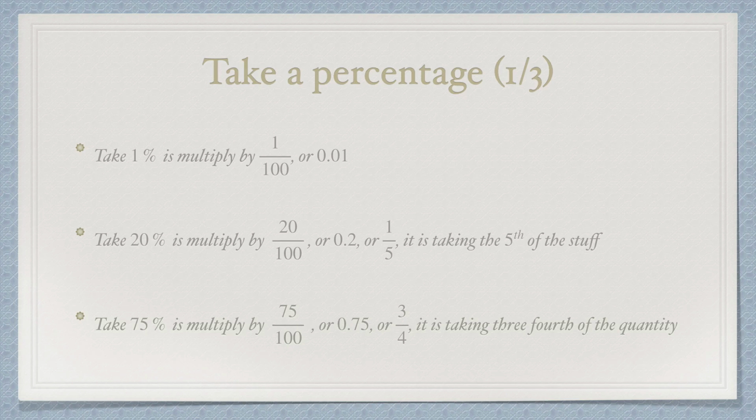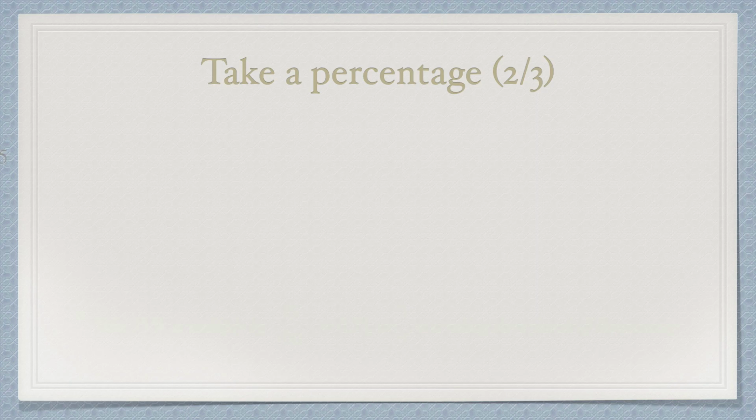Take 75% is multiplied by 75 over 100 or 0.75 or 3/4. It is taking the 3/4 of the quantity. Take 2.5% is multiplied by 2.5 over 100 or 0.025.